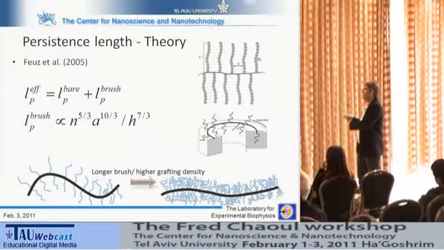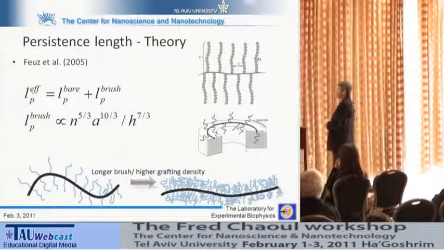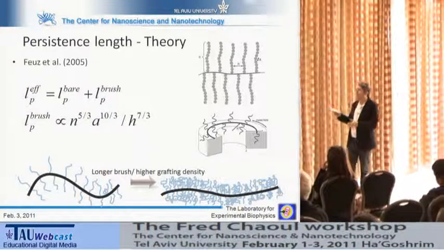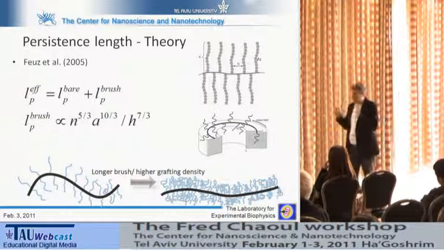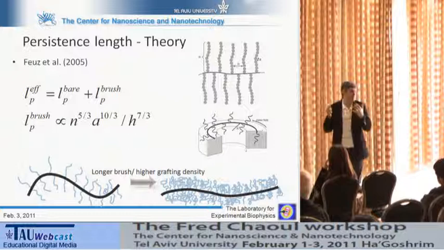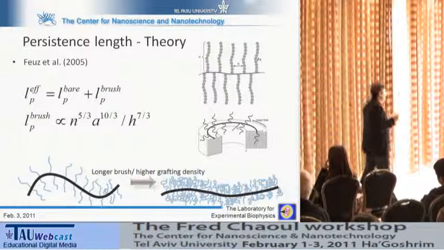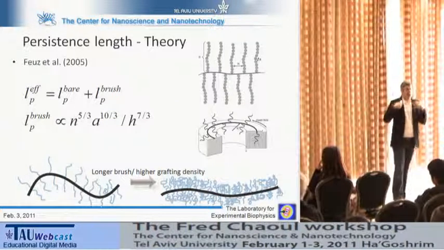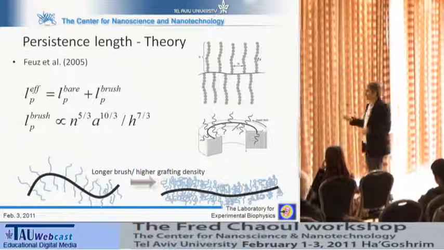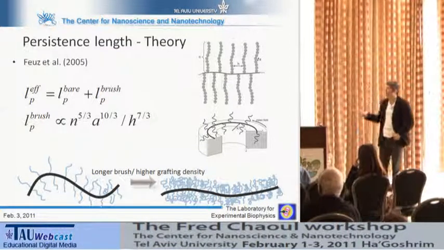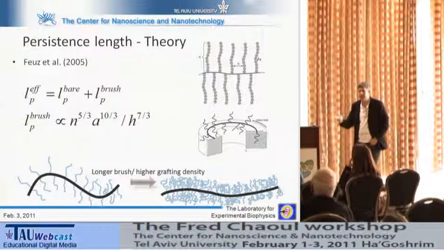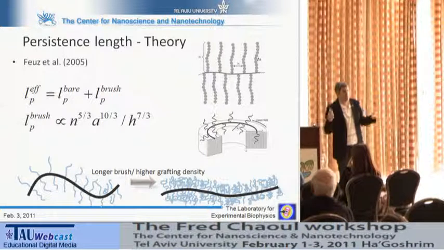Now, we don't really have a polyelectrolyte. We have something that looks like a bottle brush. So again, theories came out, and not so long ago. But again, the basic idea that I want you to remember is that this is just repelling interactions between these brush hairs, just because of steric interactions, just because you want to repel your neighbors.